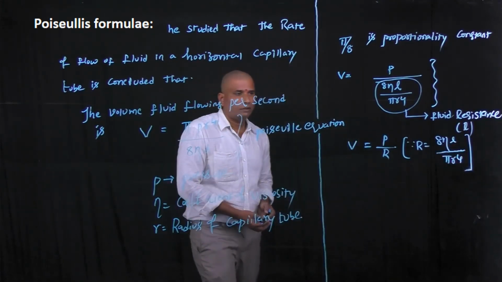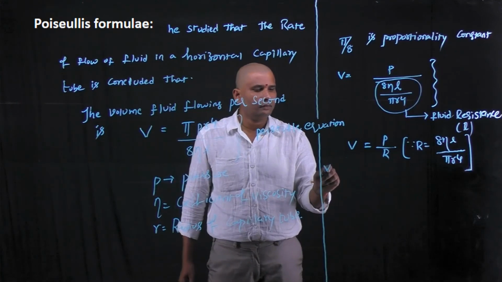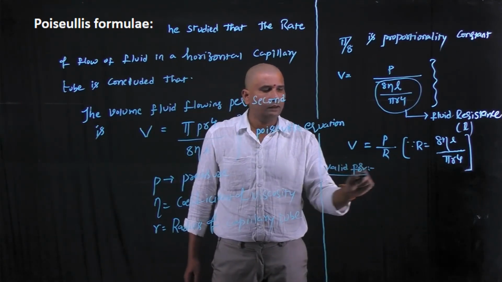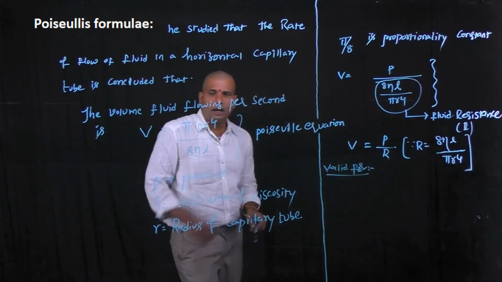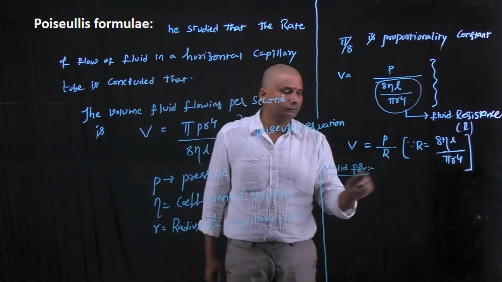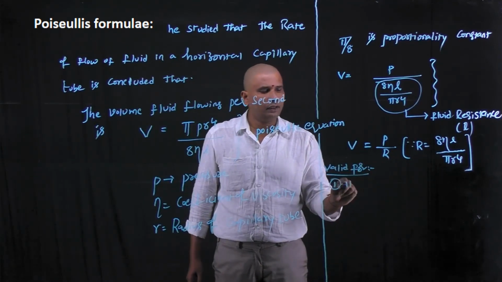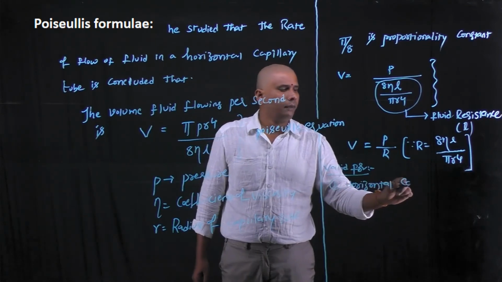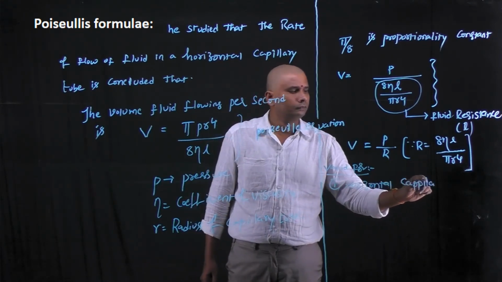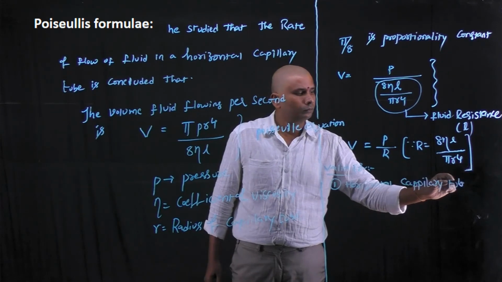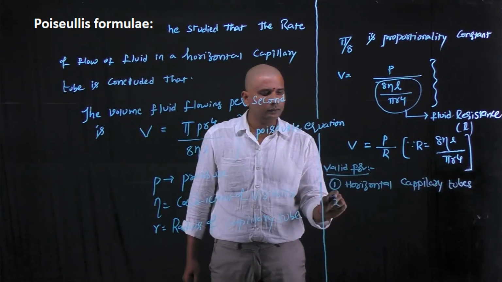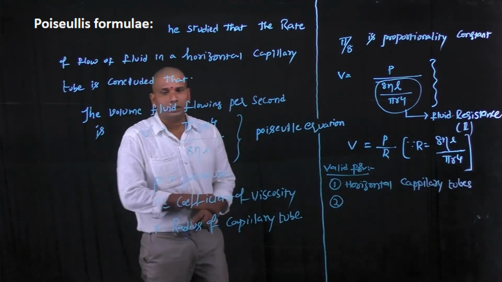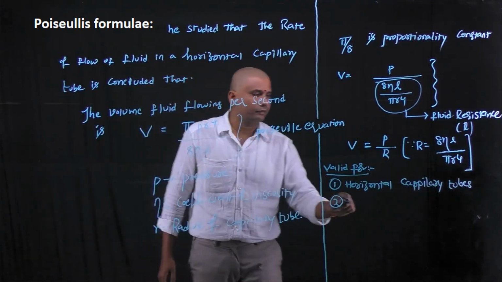Poiseuille's law is valid for horizontal capillary tubes only. Through these horizontal capillary tubes the flow must be streamlined.